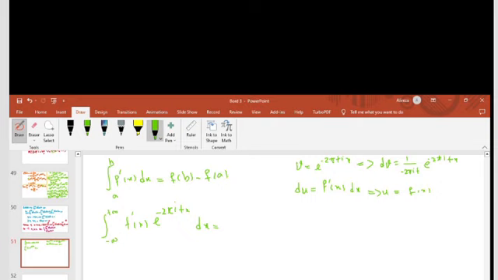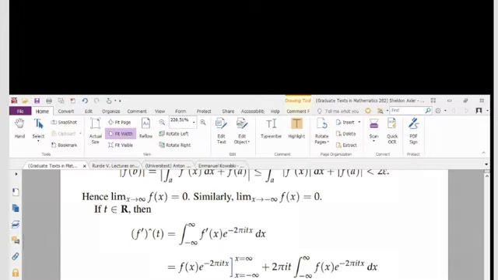So that this equal to this integral v du, and this is equal to uv minus integral of u dv.